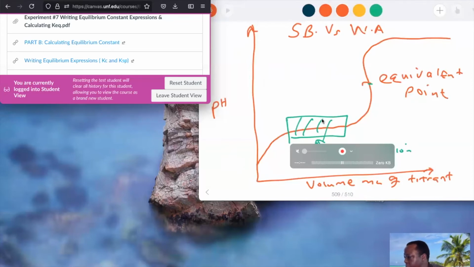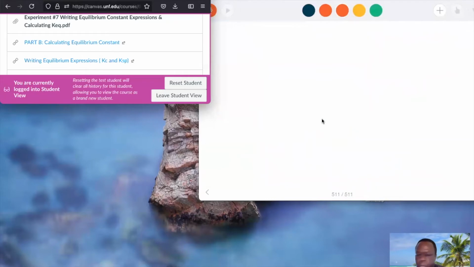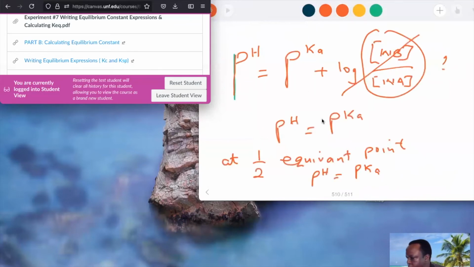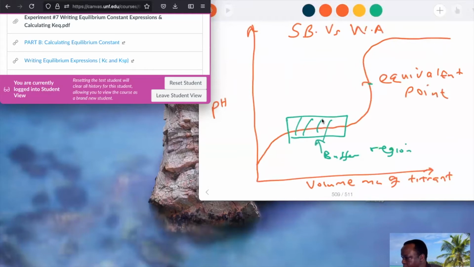In other words, let me give you a hypothetical situation. If the volume of titrant at the equivalent point equals 10, in other words, if I have my equivalent point right here, let's say here is 10, and I'm using the arrow, you'll also use the arrow to indicate your equivalent point.